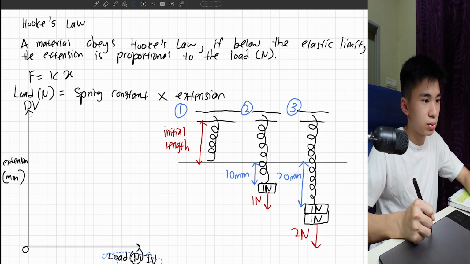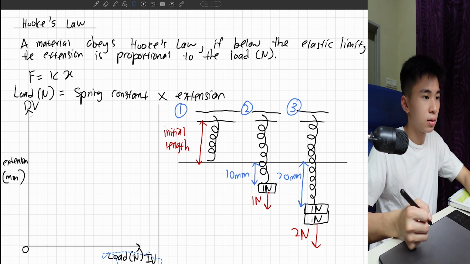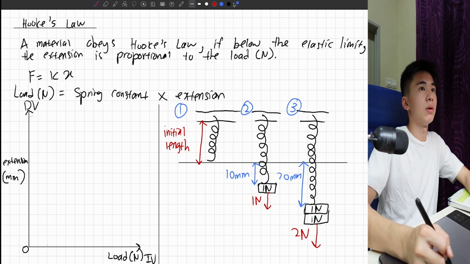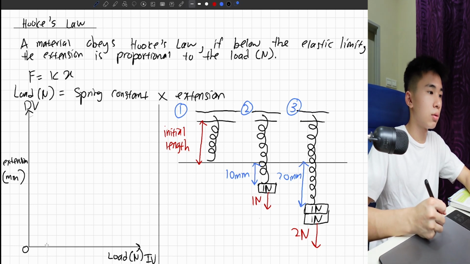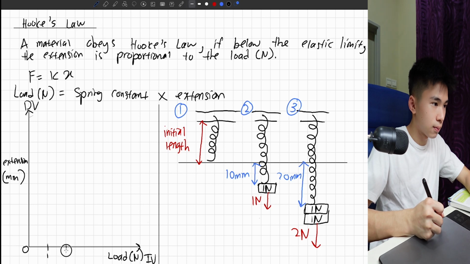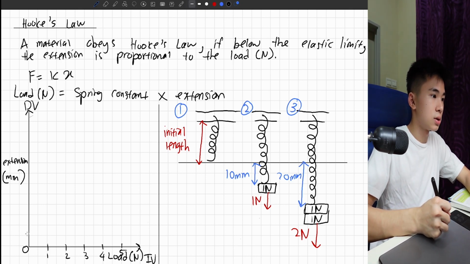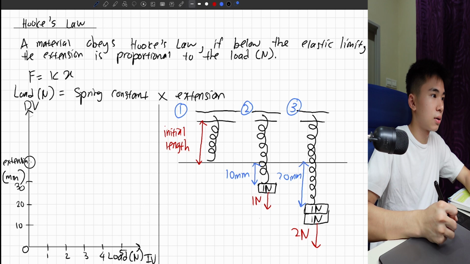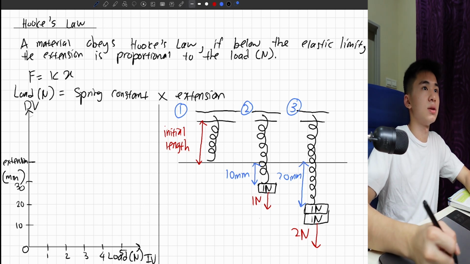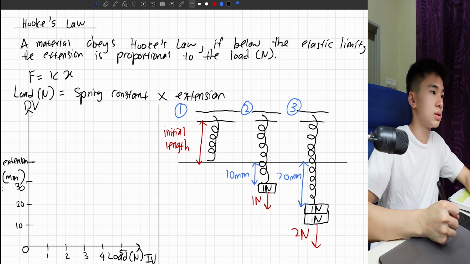I'm going to label it with the numbers 1, 2, 3, 4, and even 5. So right here the extension will be 10, 20, 30, 40. Hold on, I need more space.